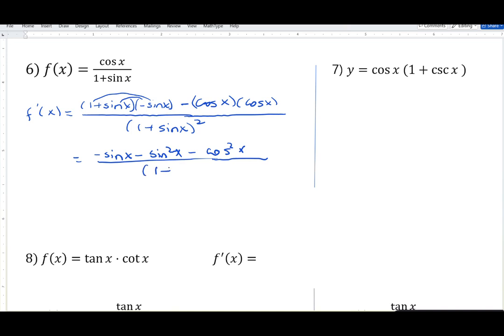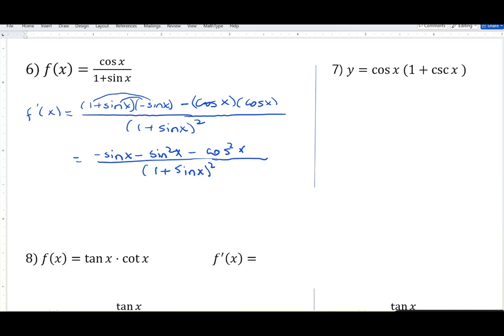Do not forget the denominator. It's still there. And we see here a different version of the sine square plus cosine square equals 1 formula. What do you think negative sine square minus cosine square will be? You could take out a negative 1 from both of them, right? Then you have negative 1 times, on the outside, sine square plus cosine square, which is 1.